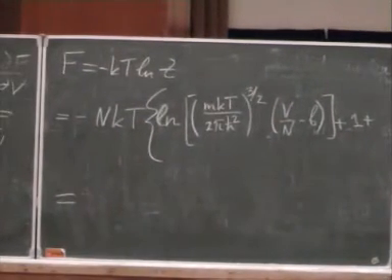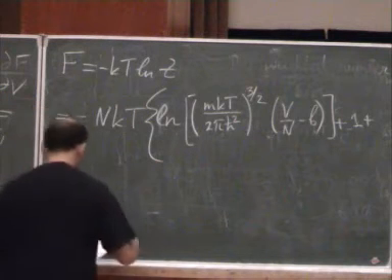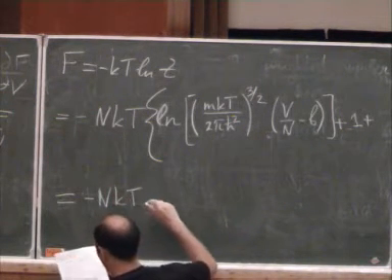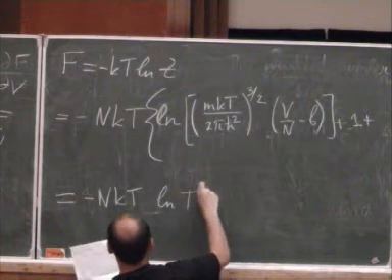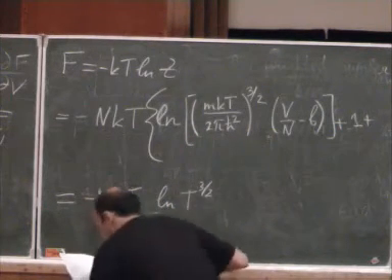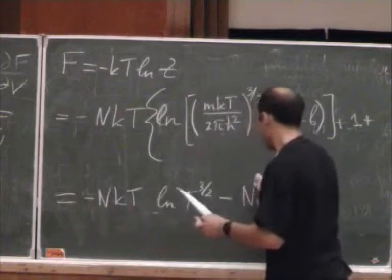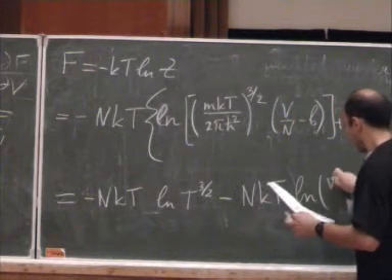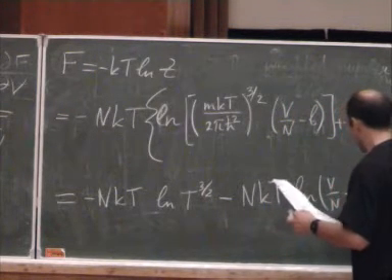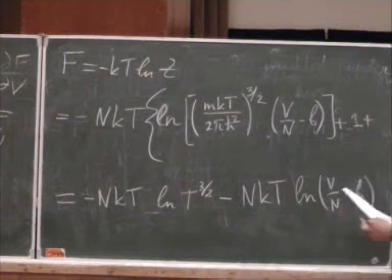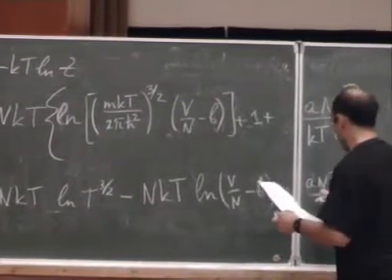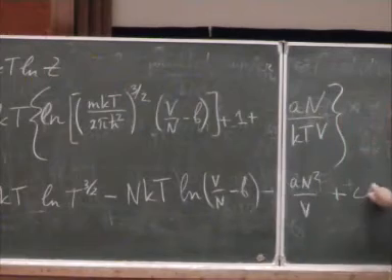And as last time, I separate it into the interesting part and the uninteresting part. kT logarithm T to the power 3/2, minus nkT logarithm V over n minus b, minus a n squared over V, plus a constant.